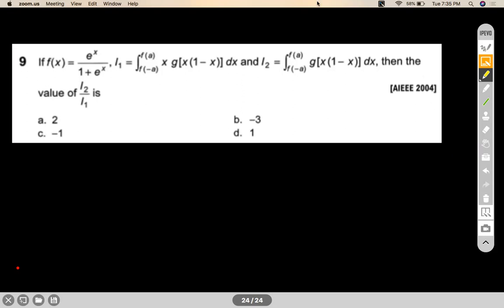Very good. Let's close this up. Close this in another 30 seconds. This is not a difficult one.